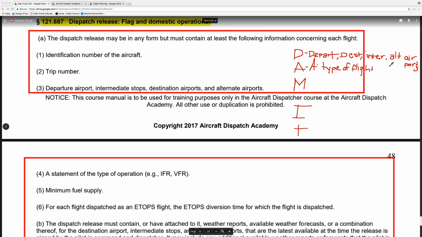And what that means, type of flight means IFR or VFR. You have to specify that on your release.